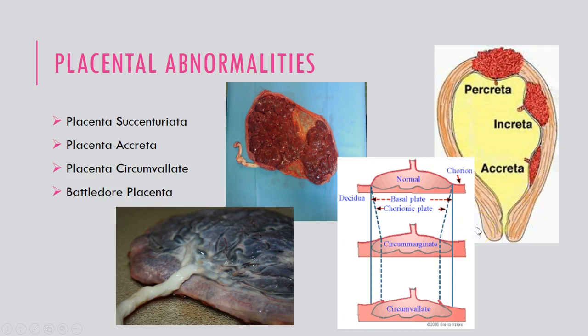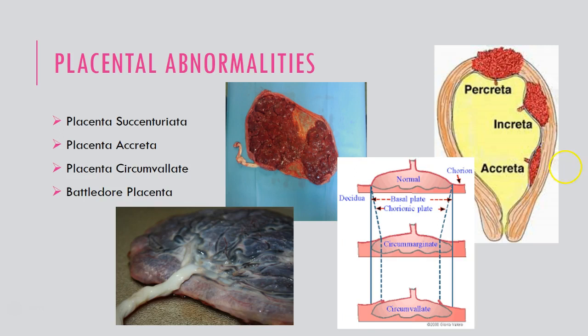What I want you to know about placental abnormalities is that they put the mother at risk for postpartum hemorrhage. Also, these people are going to experience a retained placenta in the third stage of labor, because these placentas are not going to release themselves from the uterine lining like a normally implanted placenta would.